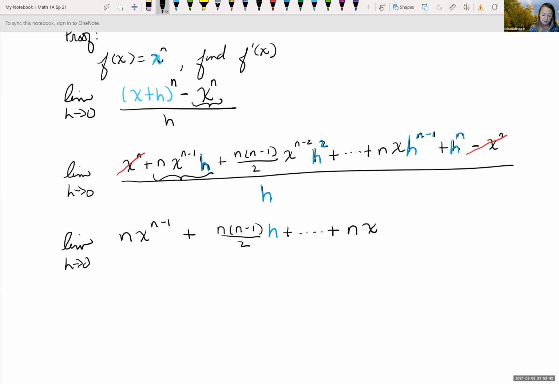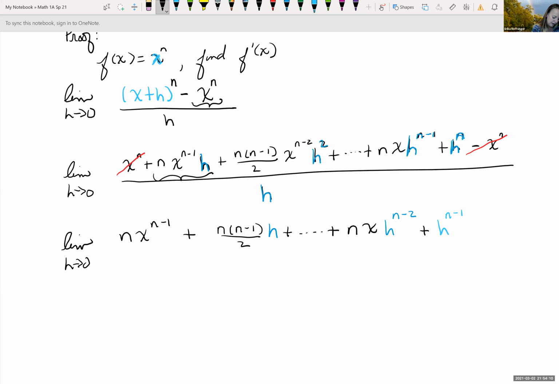If I pull out an h from h to the n minus 1, it's going to have one less h, so this is going to be h to the n minus 2. If I pull out an h from h to the n, there'd be one less there, so this would be h to the n minus 1. I canceled it with the h in the bottom, so we no longer have that denominator.